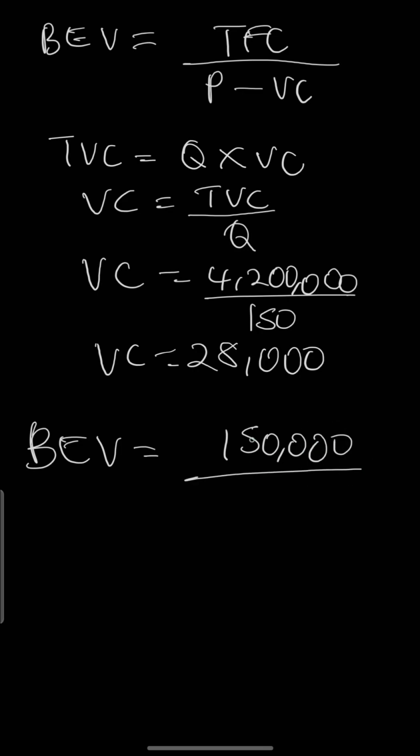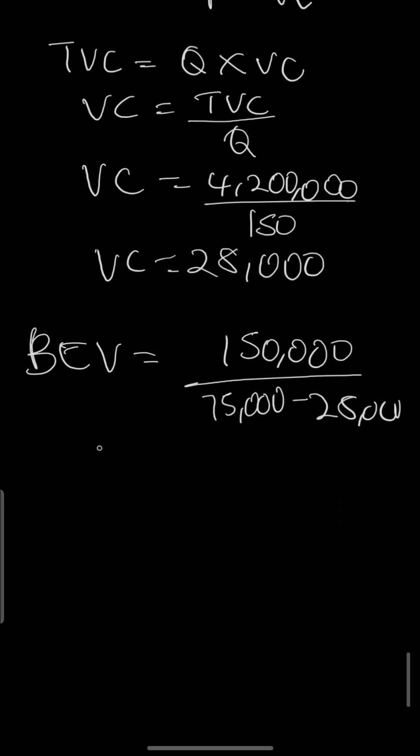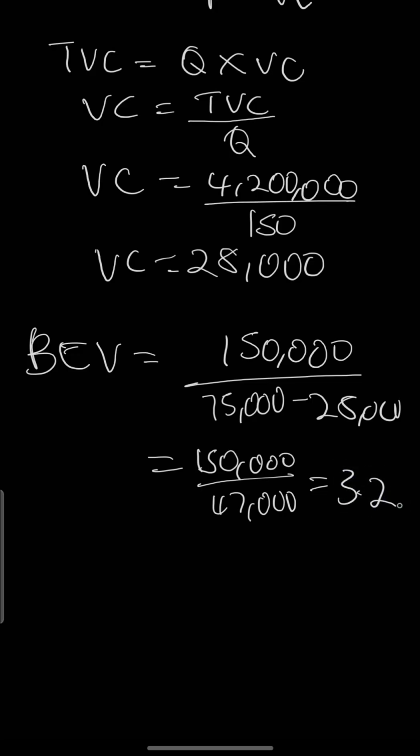Our price to be 75,000, right? And our variable cost to be 28,000. So if we solve this down, we end up with 150,000 divided by 47,000, which gives us 3.2 kg. So this guy has to sell at least 3.2 kgs in order to break even.